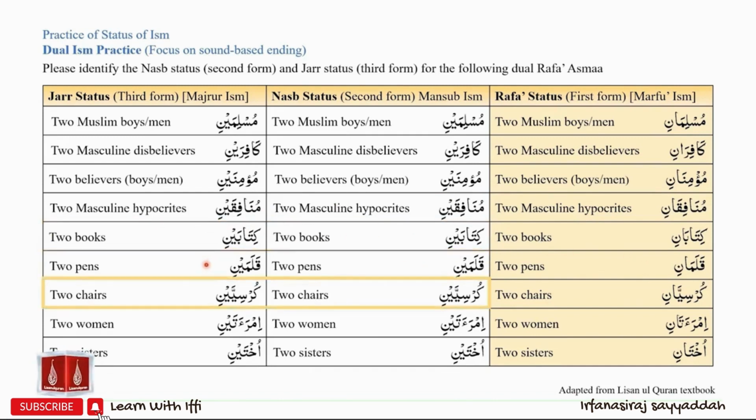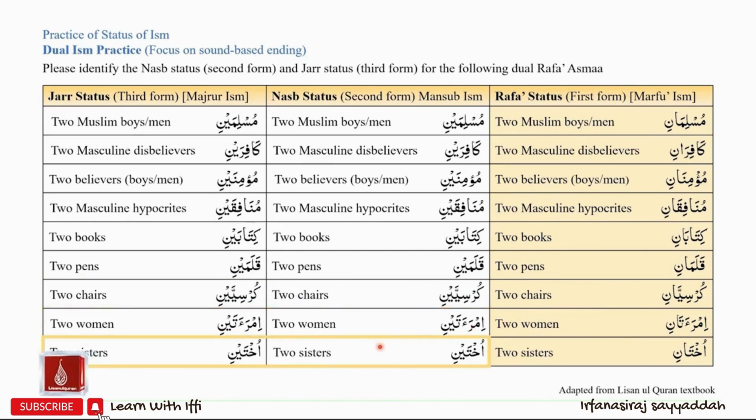Kursiyani, Kursiyaini. Imra'atani, Imra'ataini. Ukhtani, Ukhtaini. Please note the meanings of all of these asma for vocabulary building.